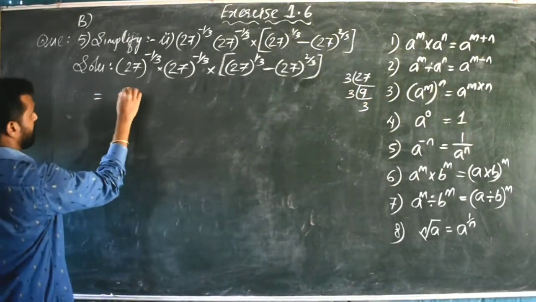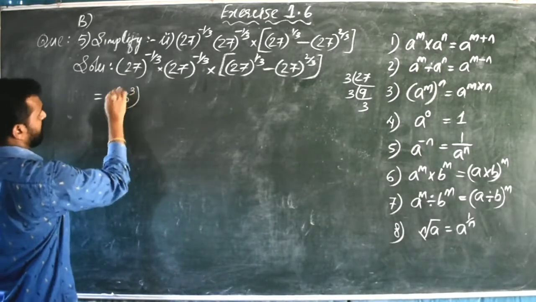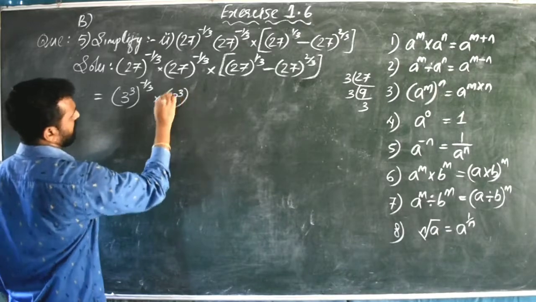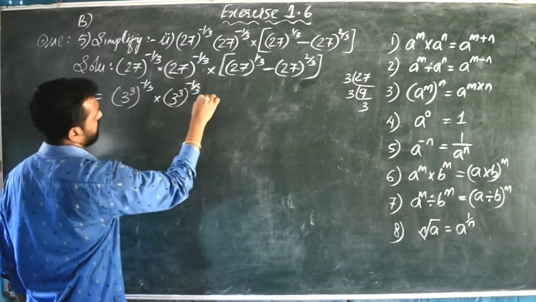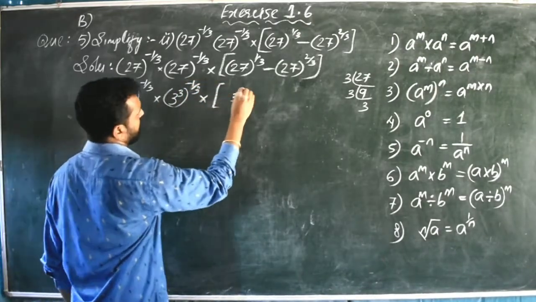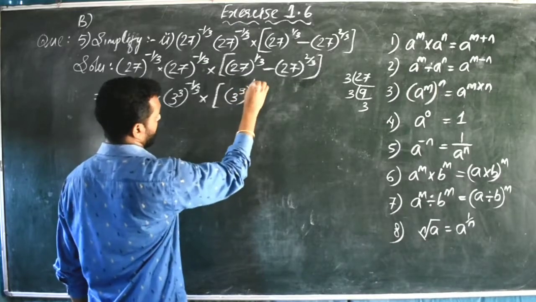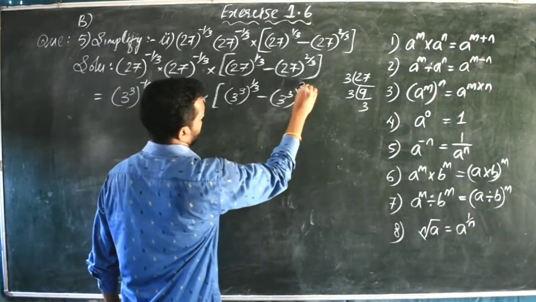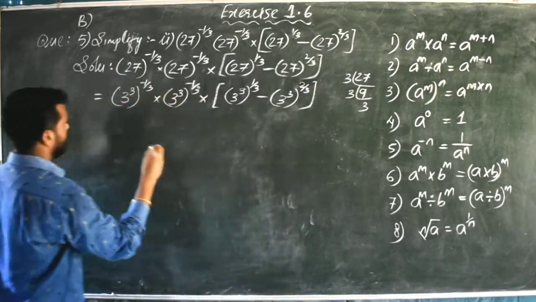So here it will come (3^3)^(-1/3) into (3^3)^(-1/3) into (3^3)^(1/3) minus (3^3)^(2/3).